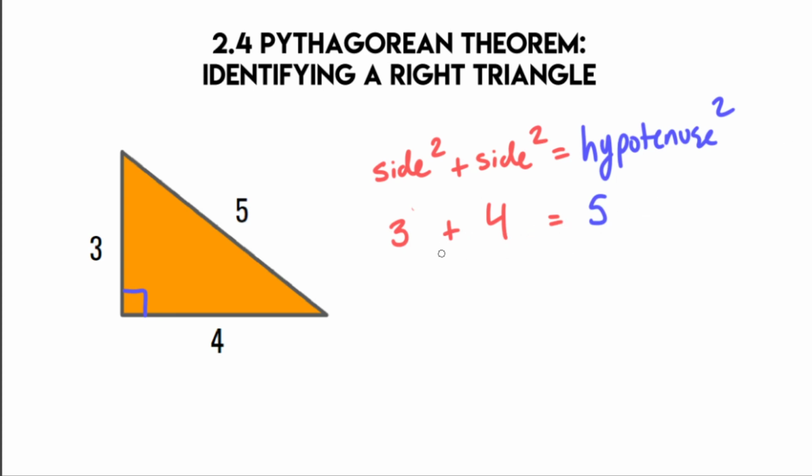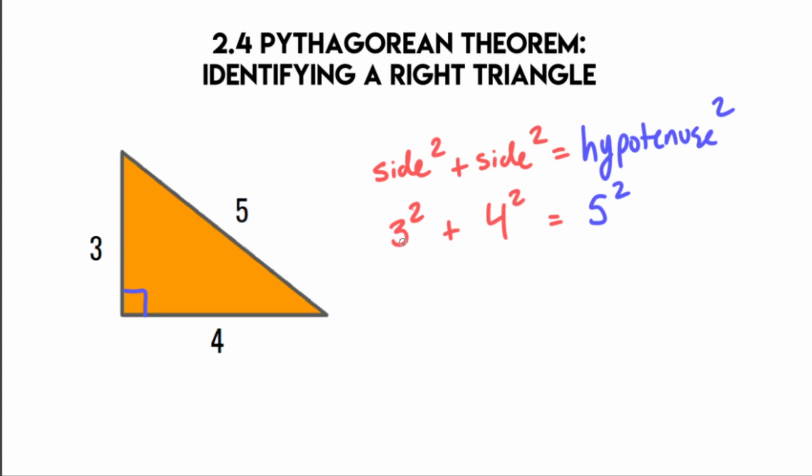So you'll notice that the Pythagorean theorem, despite being on a right triangle, is all about the squares. There we go. 3 squared plus 4 squared is equal to 5 squared.